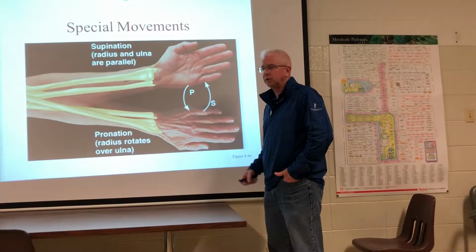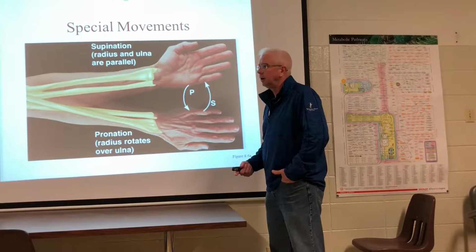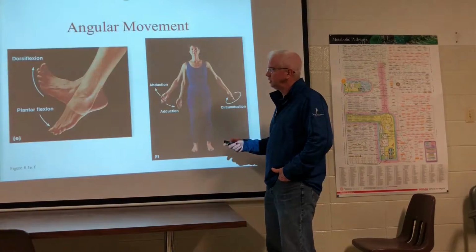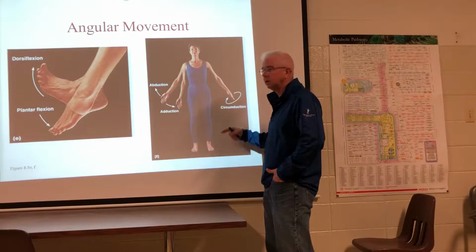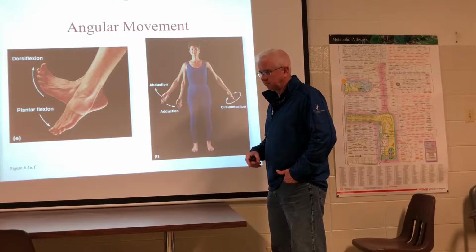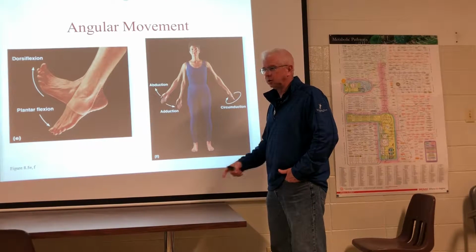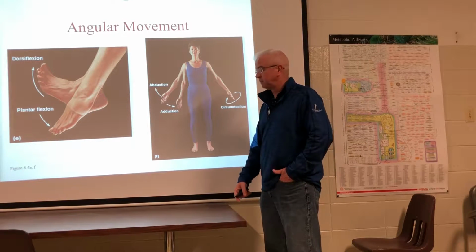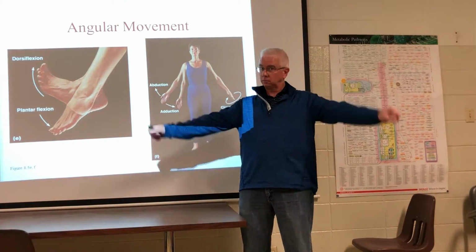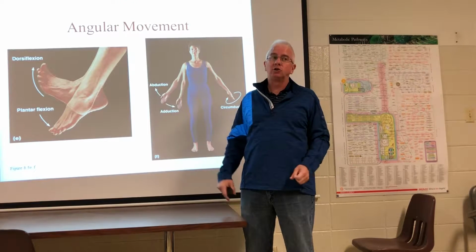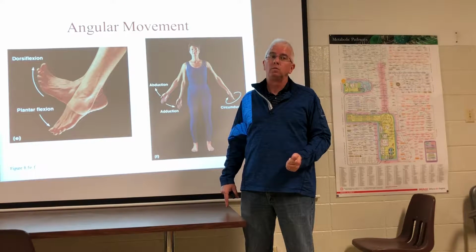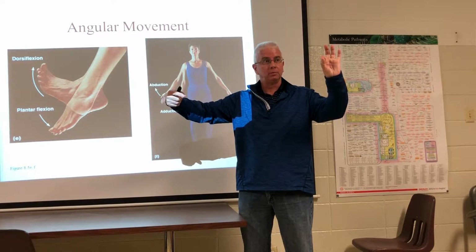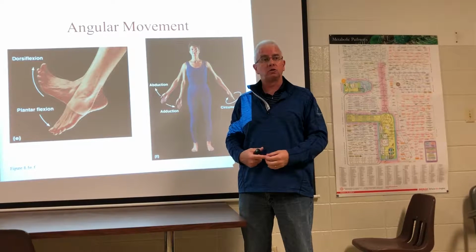This action, supination and pronation, is not circumduction or rotation. So this shows you rotation. So let's go back to the first one. This shows you circumduction. Okay, so what is the difference between circumduction, rotation, and supination, pronation? All right, so let's do that. To circumduct is to create a cone. There's a point on this side and a wide piece created this way by the joint movement. So circumduct means create a cone.